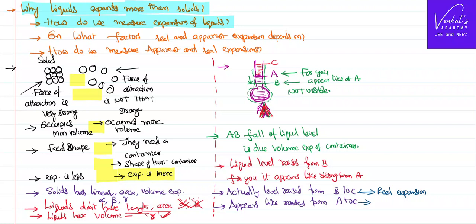But it appears for you, for a normal naked eye, like it is rising from A to C. That's called apparent expansion of the liquid.